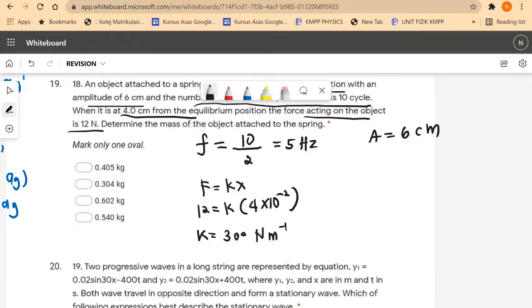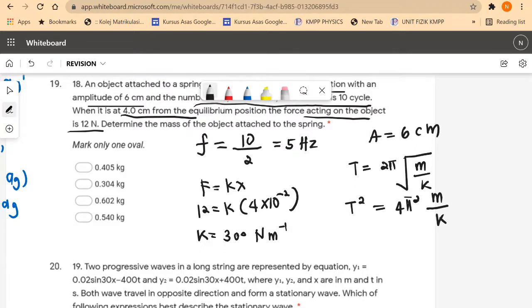We can use the formula for the period of simple harmonic motion for vertical spring oscillation, which is T equals 2 pi square root of m over k. Because m is the unknown that you have to find, let us eliminate the square root. So this becomes T squared equals 4 pi squared m over k.